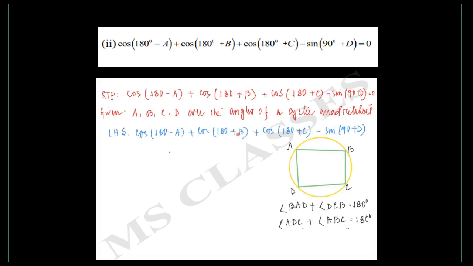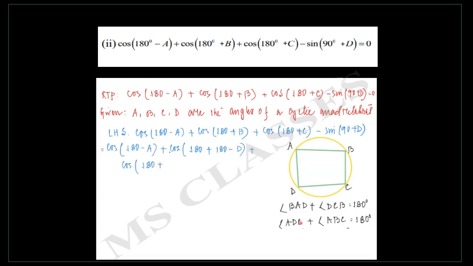So what we can write here is cos (180 minus A) plus cos (B). B we can write as 180 minus D. Next one, cos (180 plus C). Now what is C here?